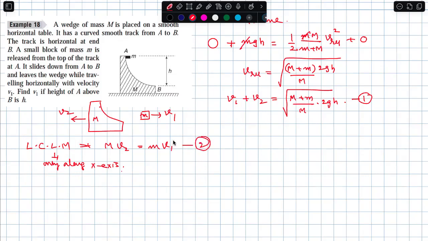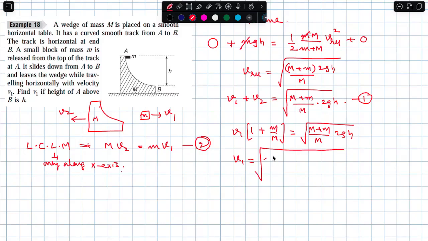Equation 2. What do you want? V1, if height of A above, it slides down with velocity V, right? V1 is what you need to find. Eliminate V2. V1 times (1 + m/M) is, I think I've done this question actually, 2gh. So V1 is, you multiply that, so what is happening is m by (M + m) times 2gh.